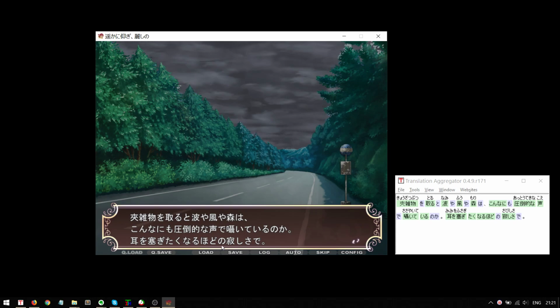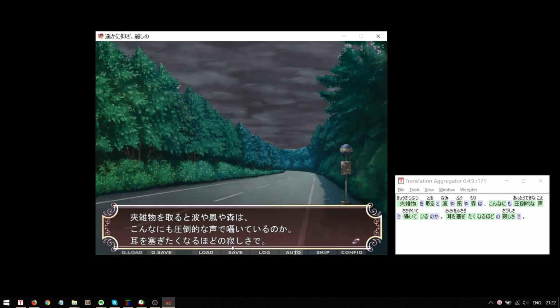Hodo in this case means the amount. Shizukasa means, sorry, this is sabishisa. Sabishi in this case means desolateness. This is referring to a place.